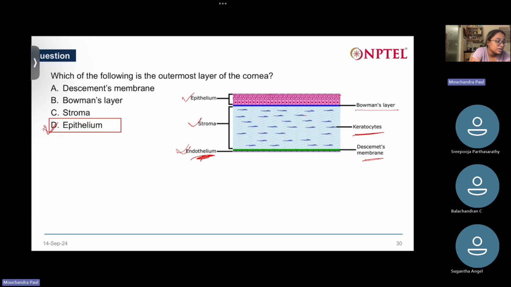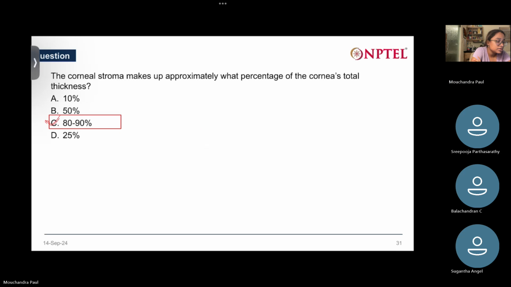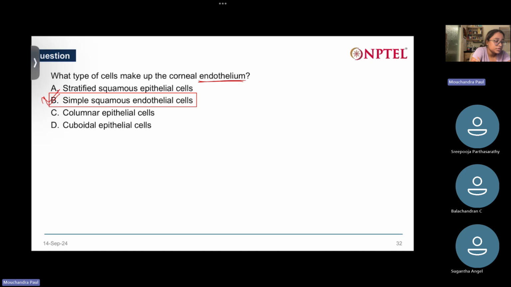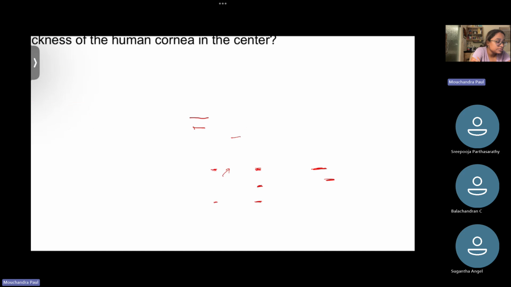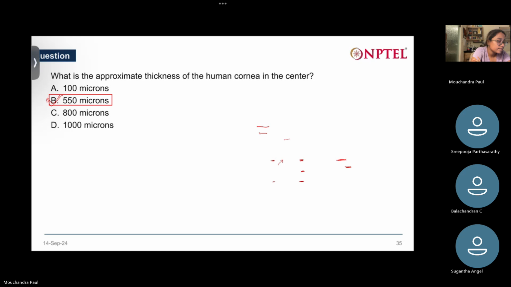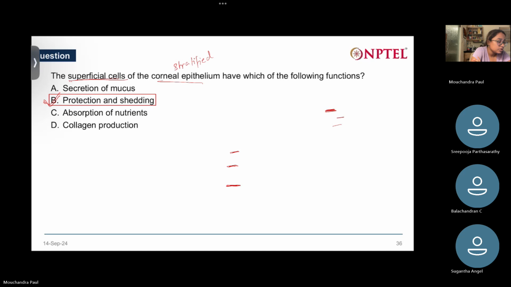That is why it uses the tear film, the outermost structure of the eye. This tear film is directly in contact with the superficial cells through the microvilli and glycocalyx layer.